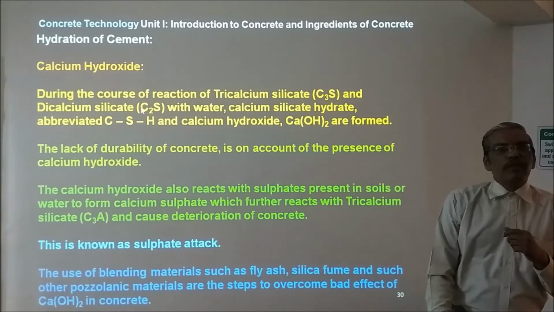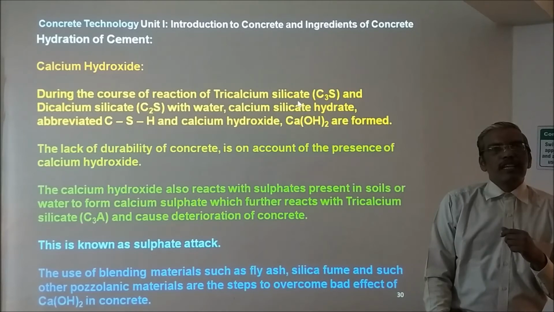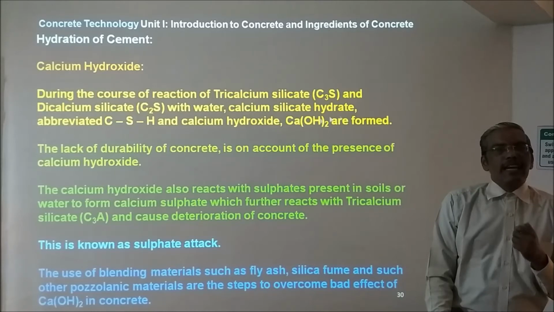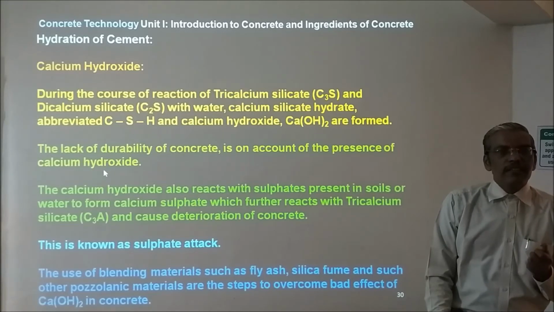During the course of reaction of tricalcium silicate, that is C3S, and dicalcium silicate, C2S, with water, the calcium silicate hydrates, abbreviated as CSH, and calcium hydroxide, Ca(OH)2, are formed. The lack of durability of concrete is on account of the presence of calcium hydroxide.